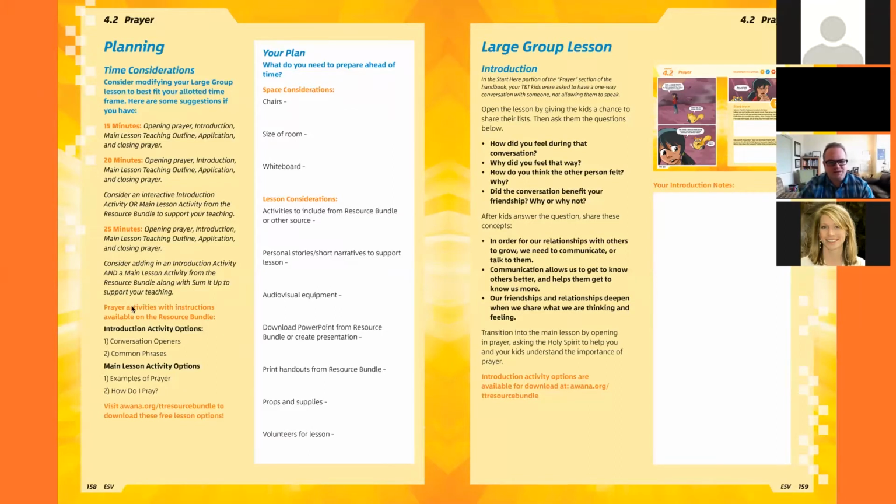But here you'll see prayer activities with instructions available on the resource bundle. The resource bundle site, you can get to it by going to awana.org/TT resource bundle. If you go to that link right now, you're only going to find information and resources that relate to Grace in Action. We are currently in the process of building out the additional resources for year 2.